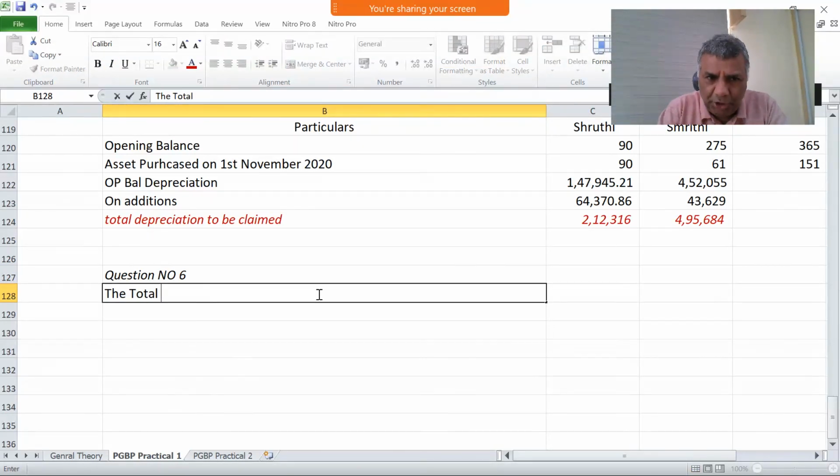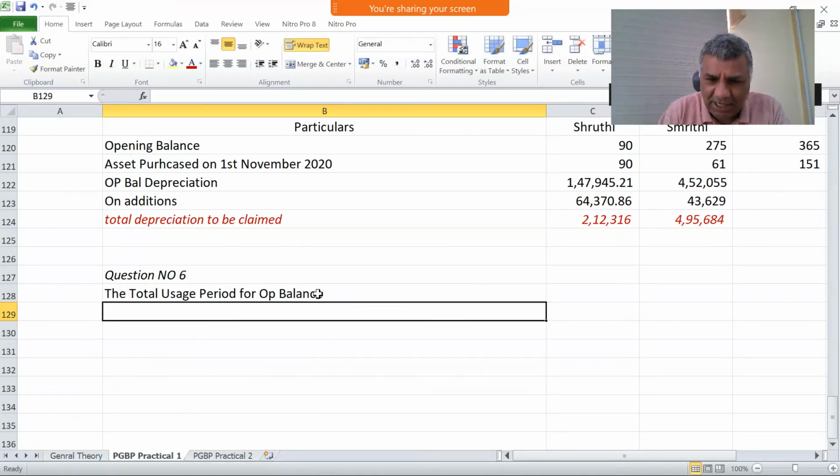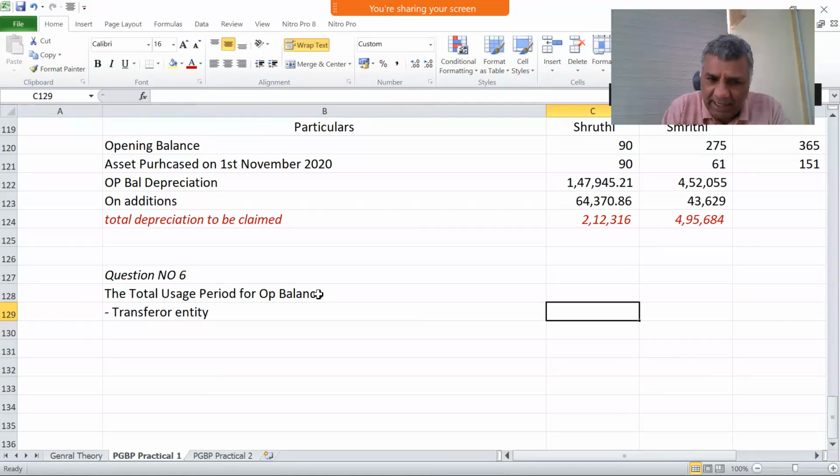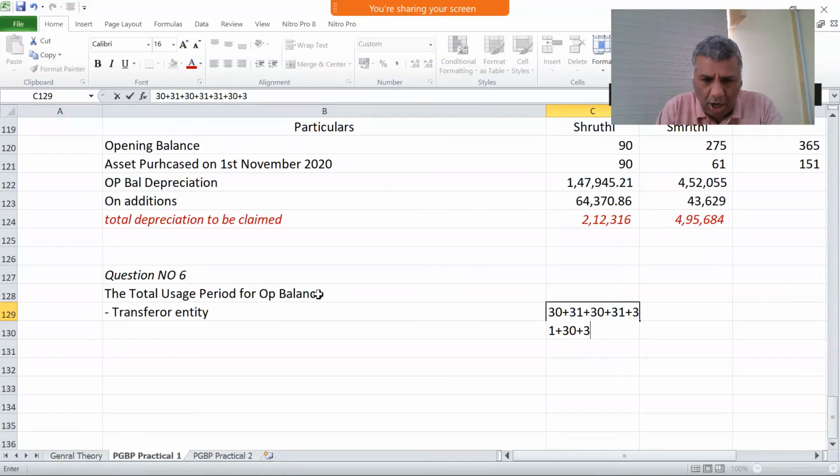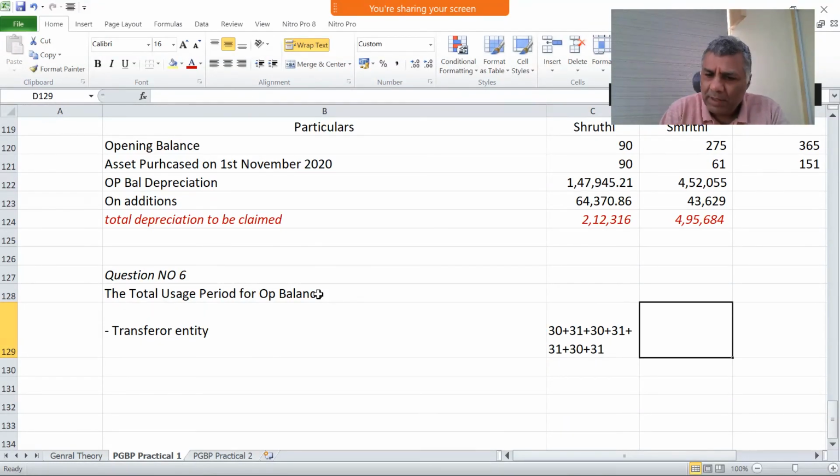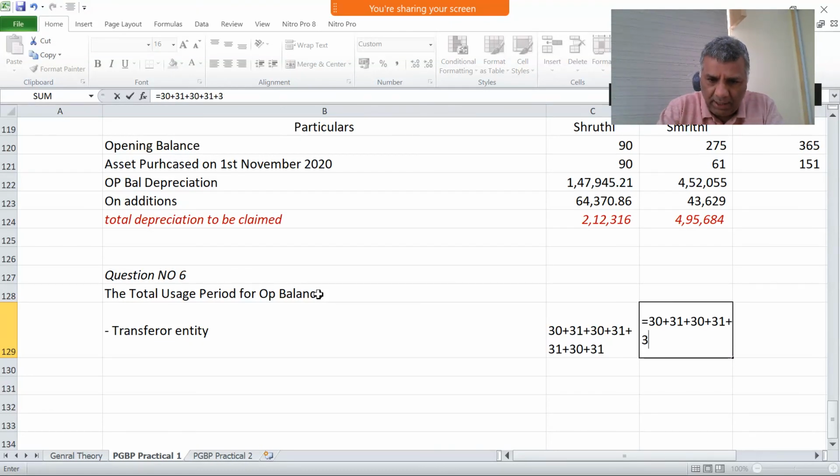The total usage period for opening balance, I'm saying, for the transferor entity is April plus May plus June plus July plus August plus September plus October. Repeating, April, because up to first November, okay? April, May, June, July, August, September, October.